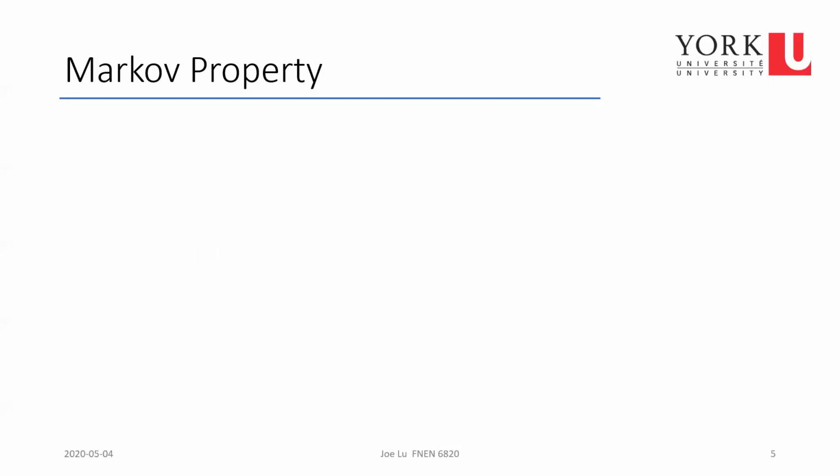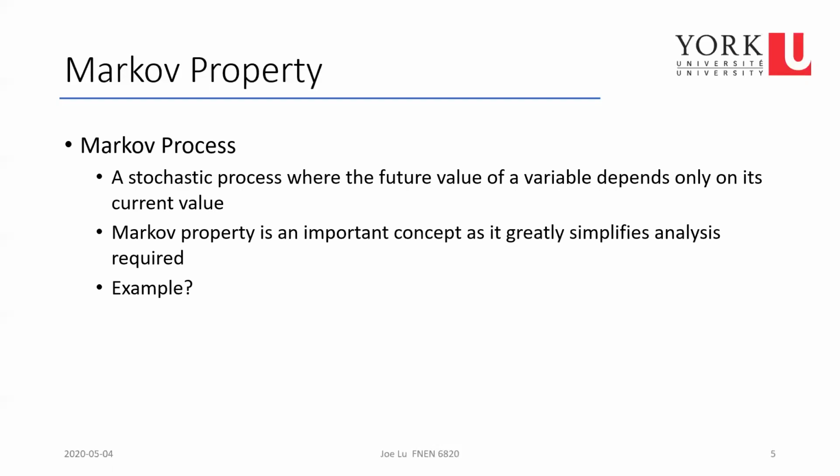Now, the next concept we're going to talk about is called Markov property. So what exactly is that? Markov property basically means that for a particular stochastic process, the change of the state variable depends only on its current value. It does not depend on past values, meaning it doesn't depend on the history.